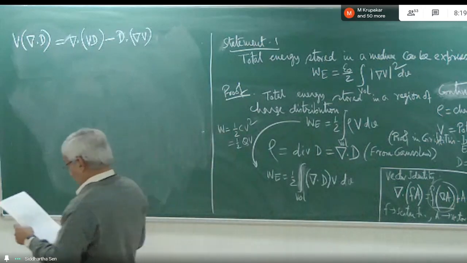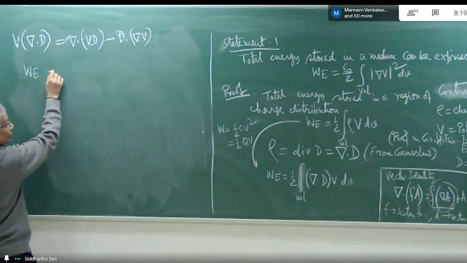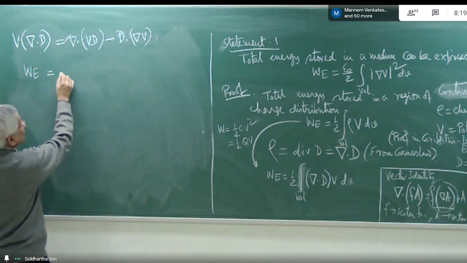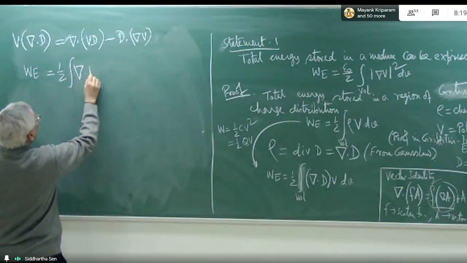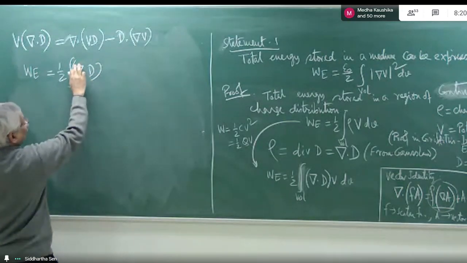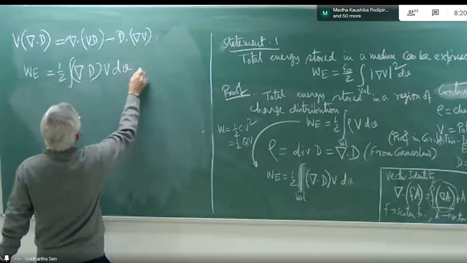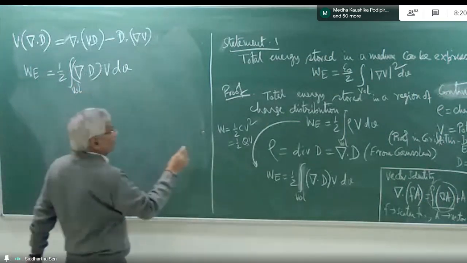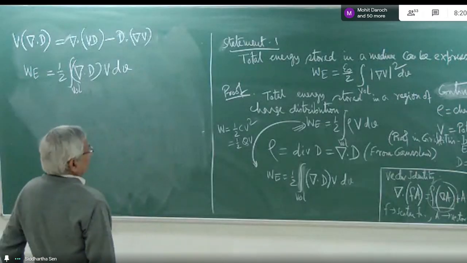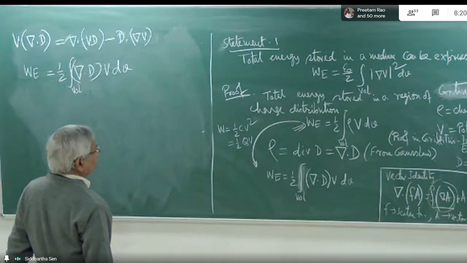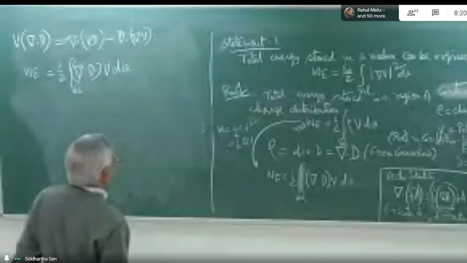Okay. So where we started, W is equal to half of the integral of nabla dot D into V dV. This is coming from this expression: W is equal to half into, because rho we know, nabla dot D into V dV.